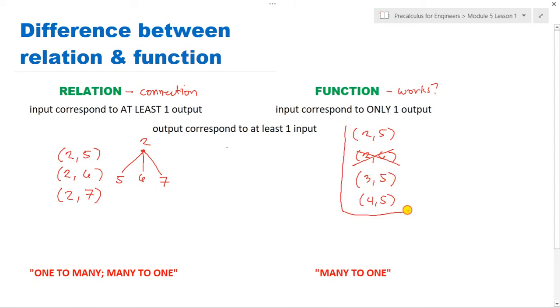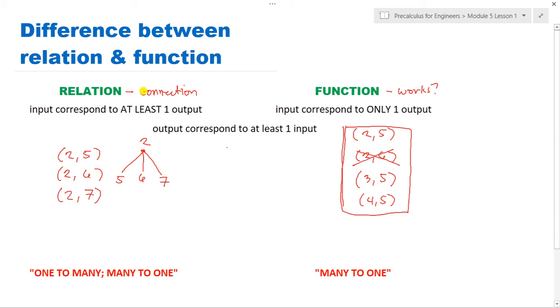This list of ordered pairs is considered a function. For us to consider something a function or relation, the entity must be composed of 2 or more ordered pairs. This list of ordered pairs is considered a function because the input is unique.